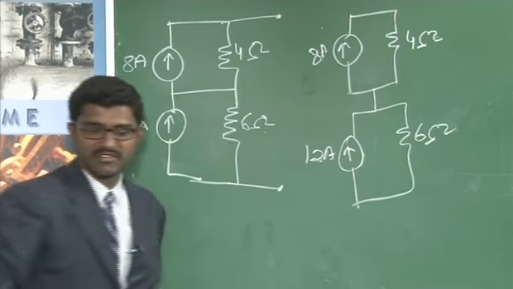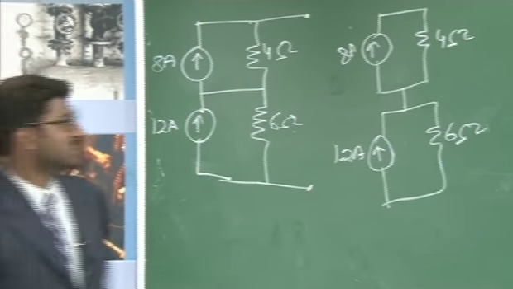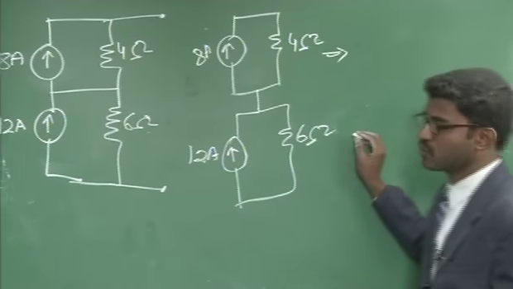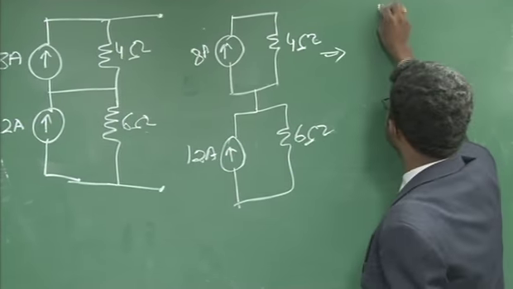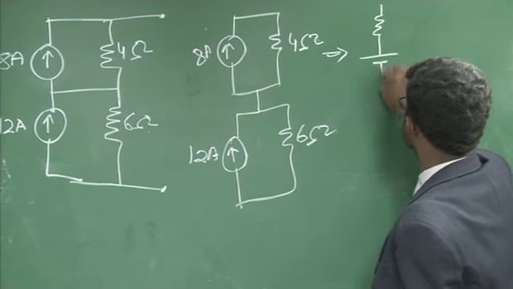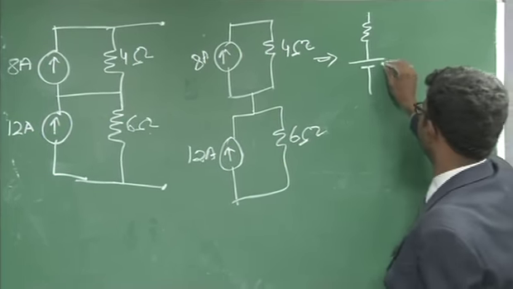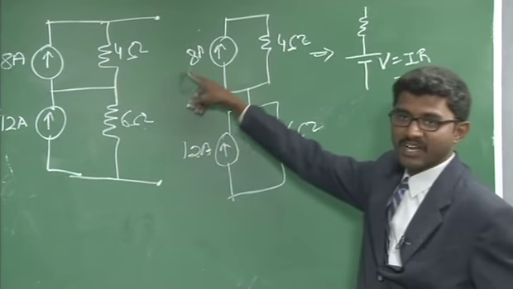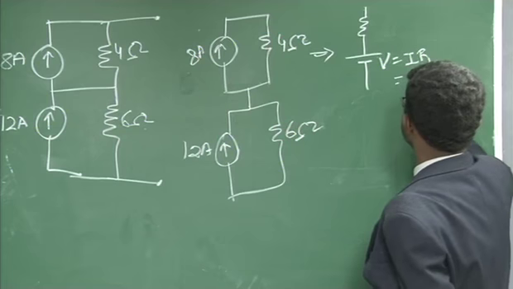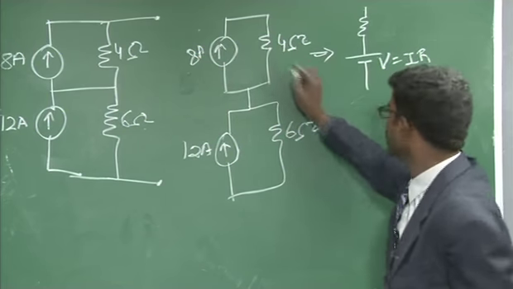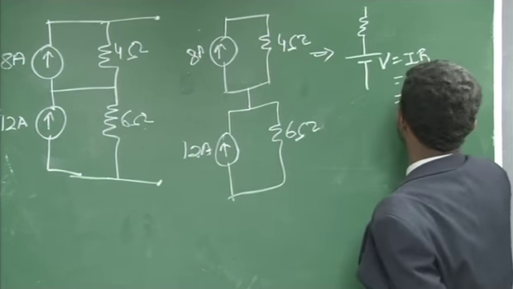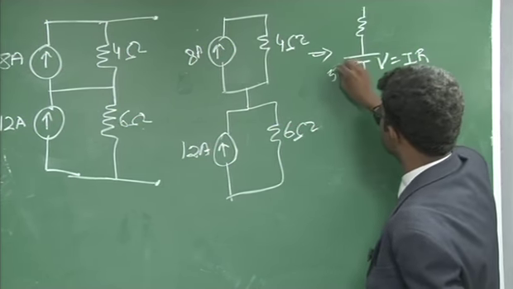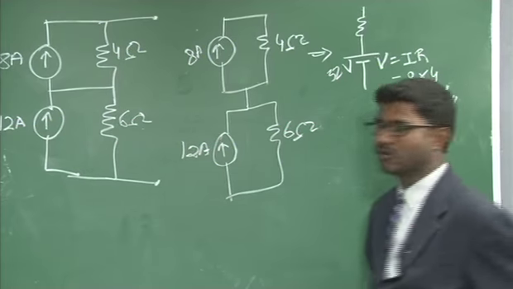Now, you know how to convert a current source into a voltage source. That is, if you want to convert a current source into a voltage source, then it will be a voltage source in series with a resistance. The magnitude of this voltage will be V is equal to I into R. In this question, the current is 8 amps into the resistance given here, 4 ohm, which is nothing but 32 volts. The magnitude of this voltage source will be equal to 32 volts.